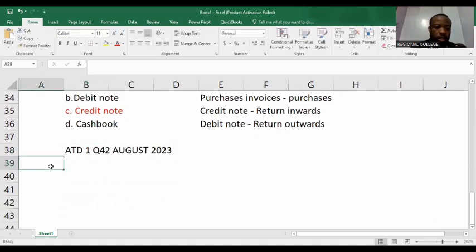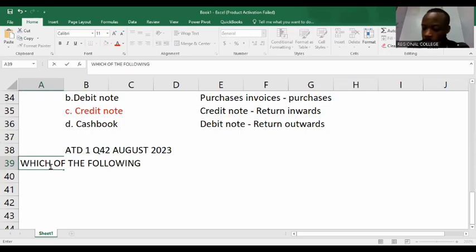Then you see how the question says: which of the following is not a book of original entry?